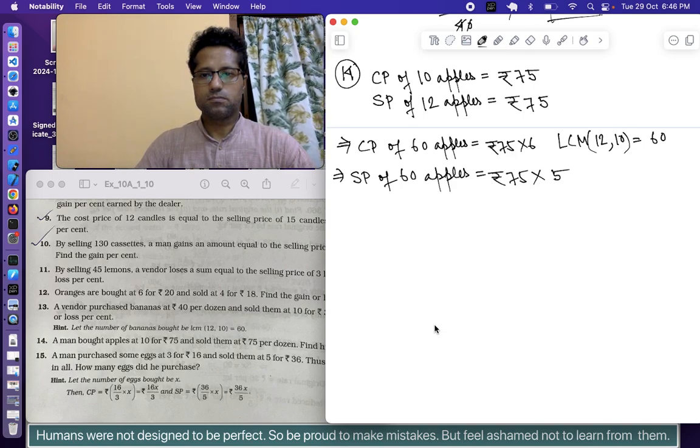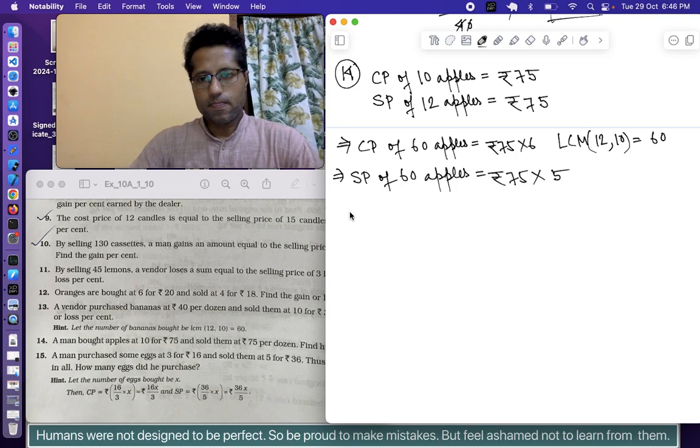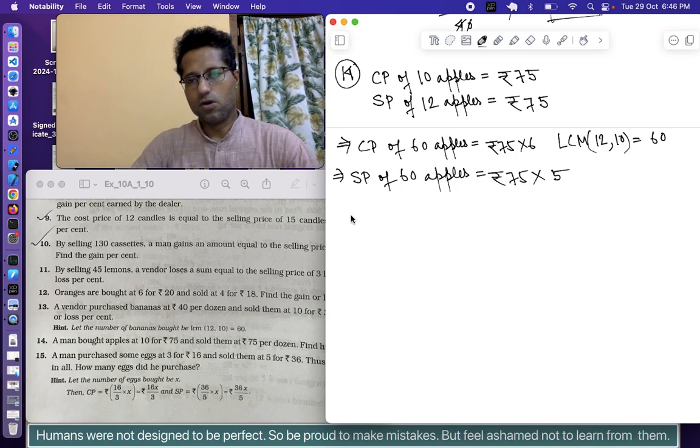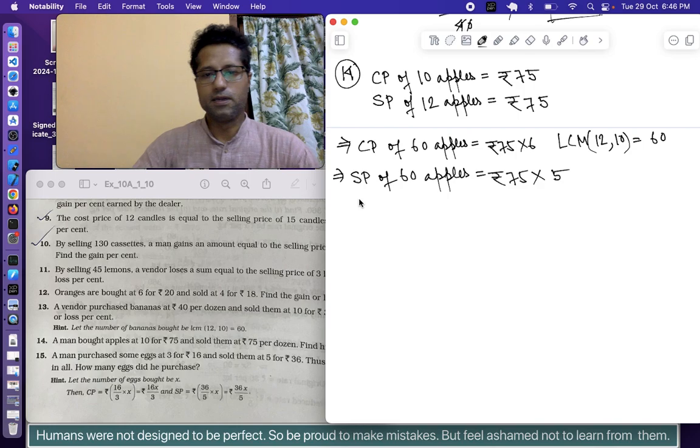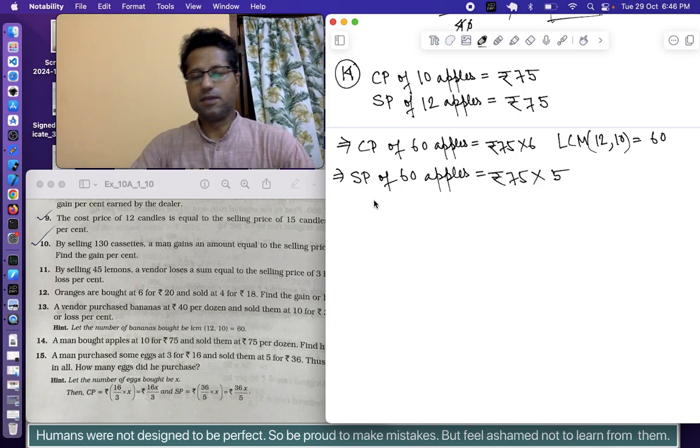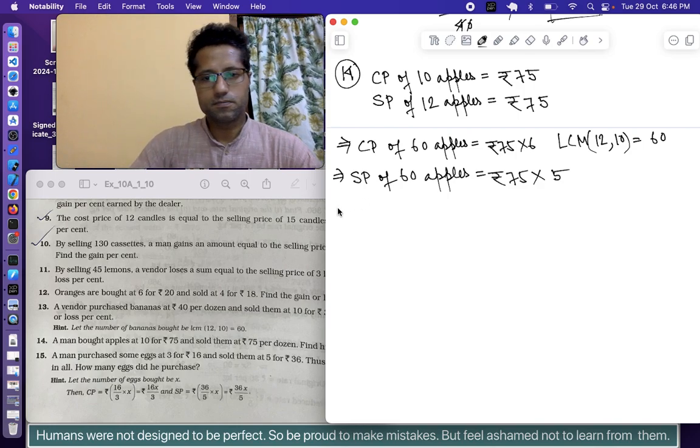So now we will compute the gain or loss based on the CP and SP of 60 apples. We can see that 75 multiplied by 6 is greater than 75 multiplied by 5. So definitely CP is greater than SP, which means that there is a loss.